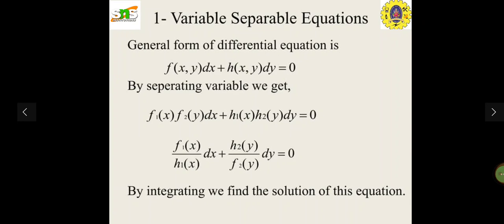Here we have to bring the variables together. Therefore, we are taking f1 of x divided by h1 of x dx plus h2 of y divided by f2 of y dy equal to 0. So now integrating this will give the solution of the equation.